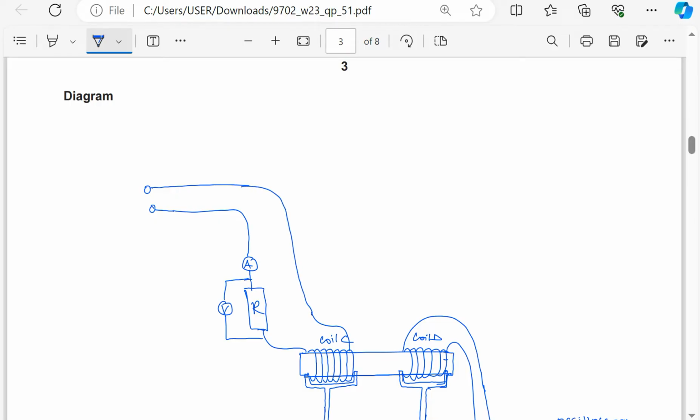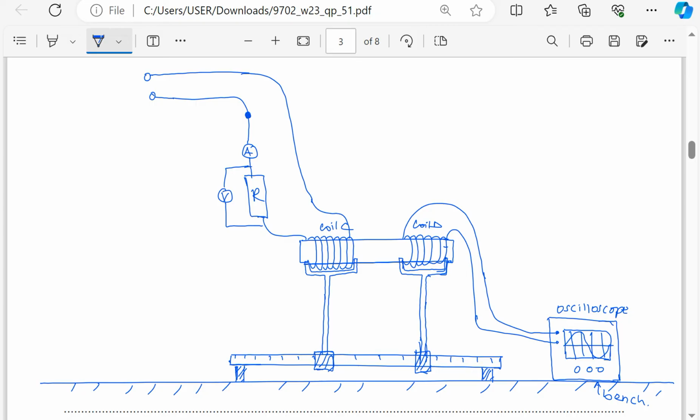Then I will now add another CRO. I could put it this side on the bench, or I could just put it hanging in space. So let me put another CRO here on the bench, but you can put it anywhere.